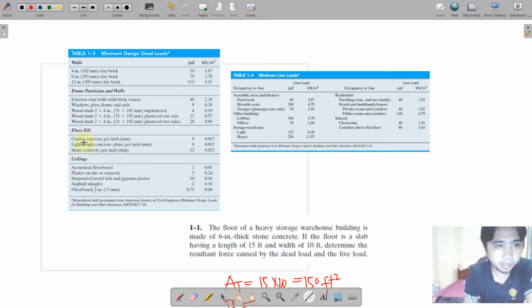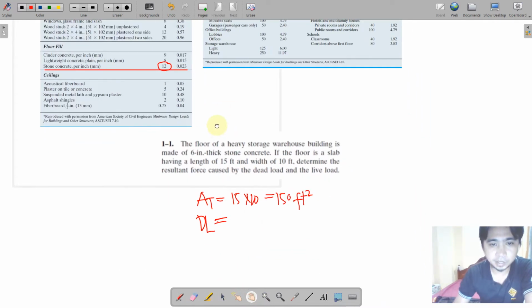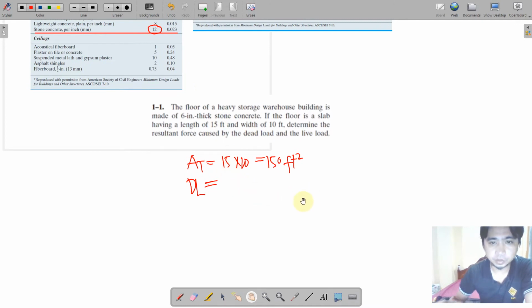We are in the English system of units, so we're going to adopt this one, 12 PSF per inch.